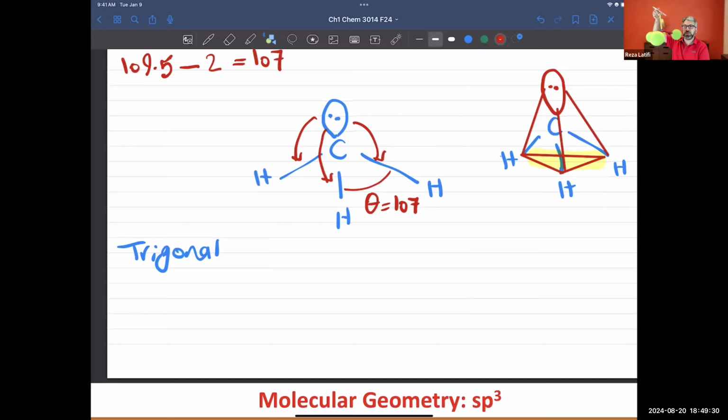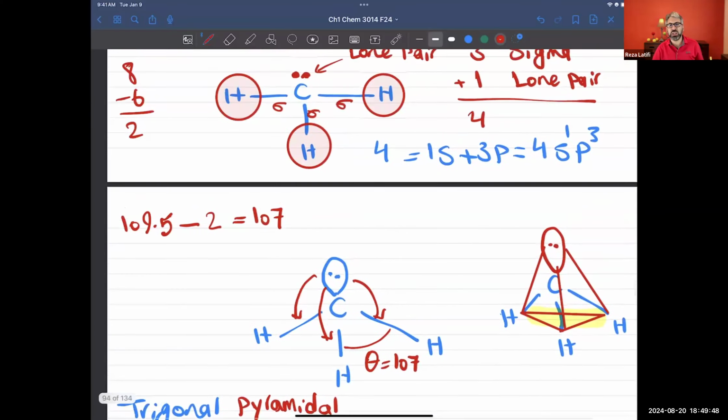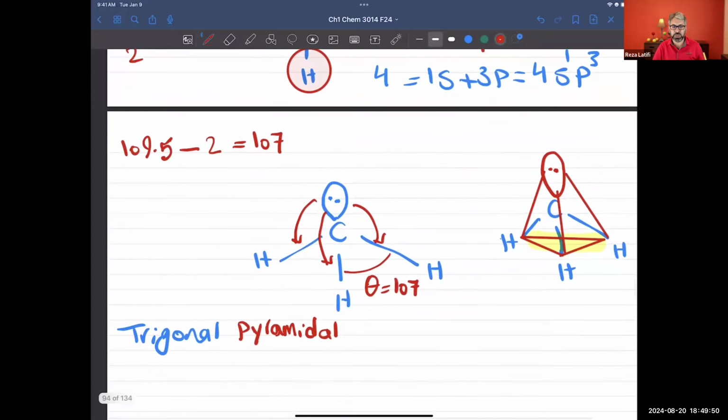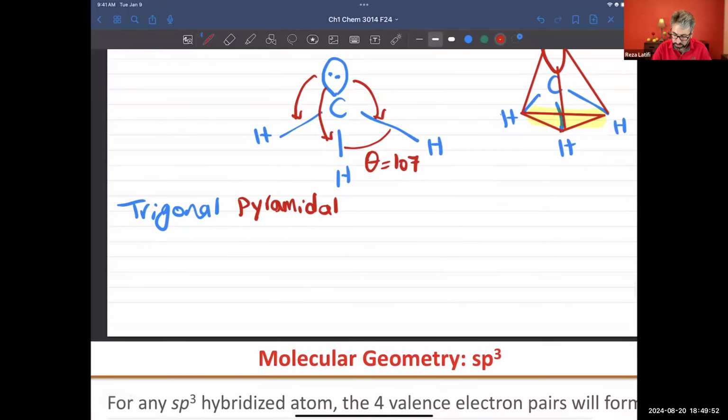That's a lone pair. If I attach them, I get a pyramid. So I'm going to call it trigonal pyramidal geometry. And again, what's the hybridization? Hybridization will be sp3.